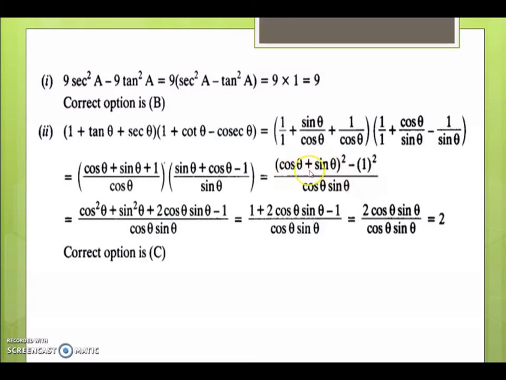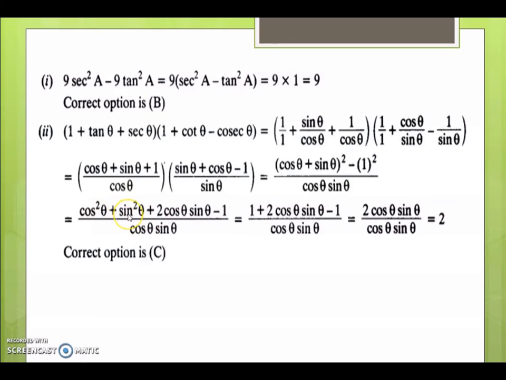Now this a plus b the whole square you can expand using the identity. A plus b the whole square is a square plus b square plus 2ab. So using that I have expanded cos square theta plus sin square theta plus 2 cos theta sin theta minus 1 square, which is 1. And denominator will be same, cos theta into sin theta.